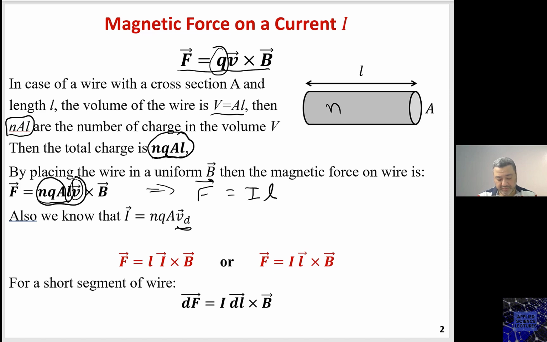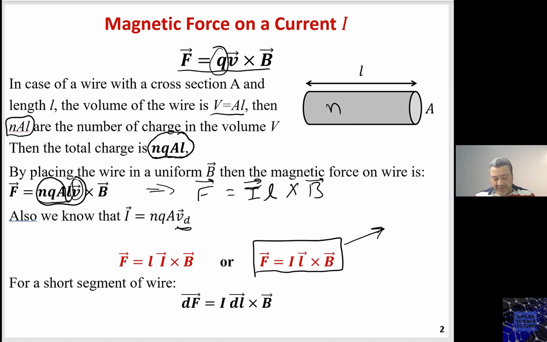L, where L here is a vector, cross B. Or I can now swap the vector between the L and I. Instead of looking at L as a vector and I as a scalar, it could be the other way around, where F can be equal to I L cross B. So this is the induced magnetic force on a wire that has a current going through.